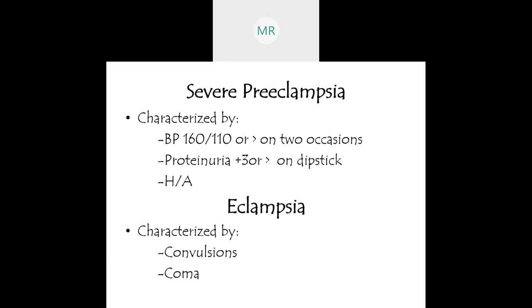At that point, you're obtaining an anesthesia consult to get mom in the back to get this baby delivered. This is an emergency. You need to stabilize mom to get her delivered. Healthcare providers don't play with high blood pressure.